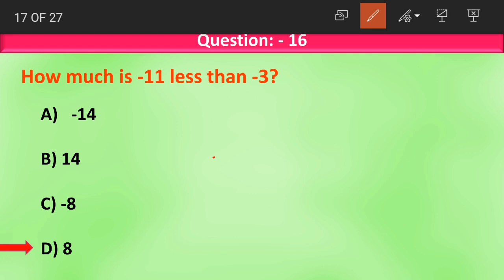Understood, class? What did we do? Minus 11 less than minus 3. So minus 3 minus of minus 11. If you get confused like this in a question, as I said, replace these numbers with any two familiar integers like 2 less than 3. If they ask you how much is 2 less than 3, what will you do?